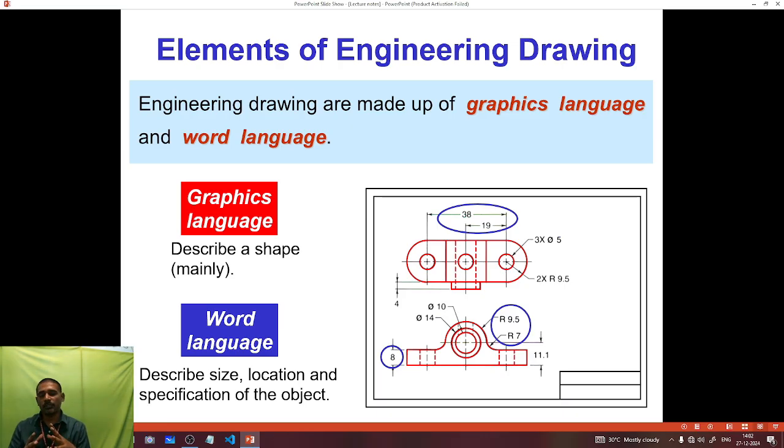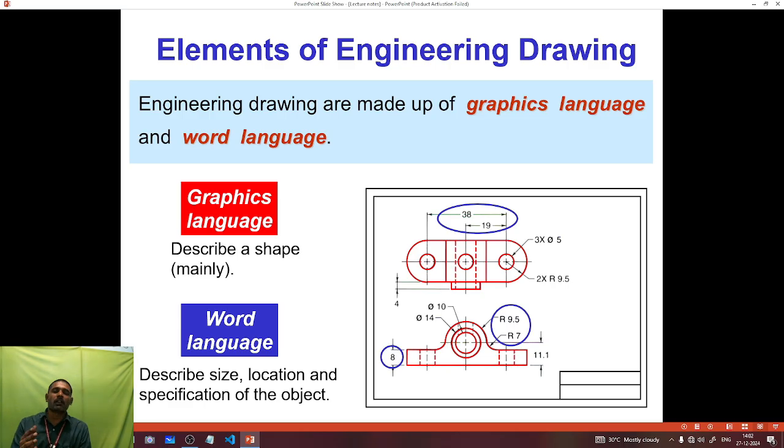The word language is how much diameter we have drawn, and what dimensions of a rectangle we have drawn: how much diameter, how much length, how much thickness. All these things are mentioned in the word language.